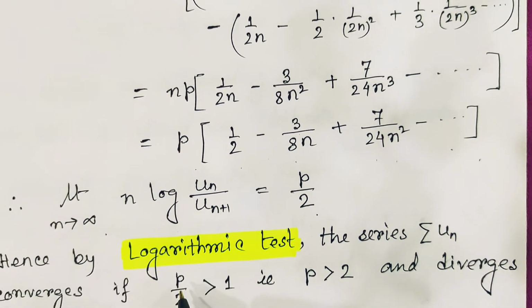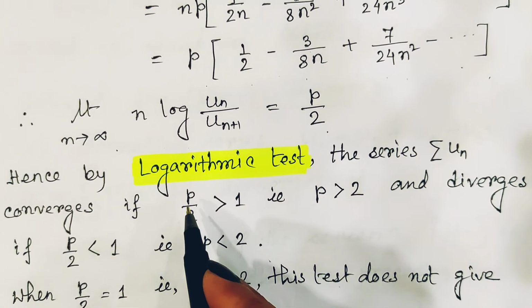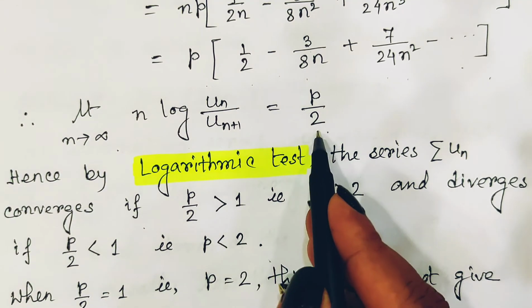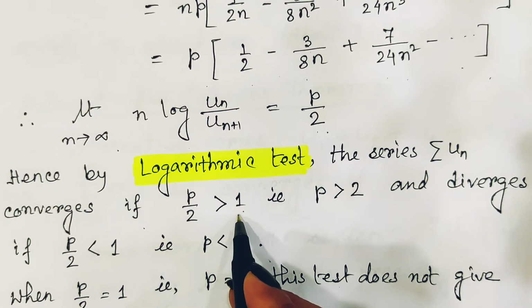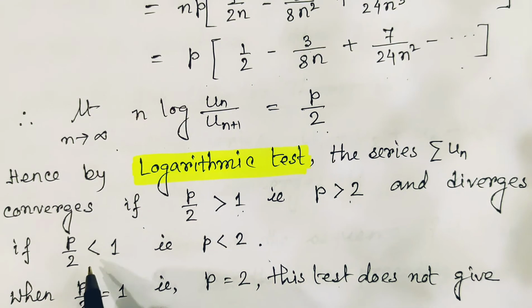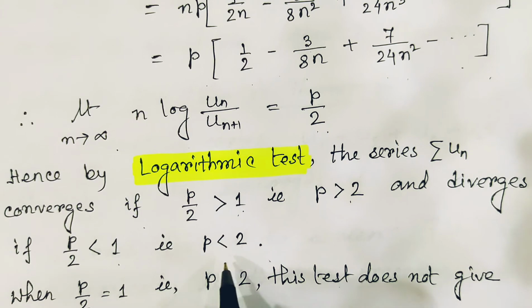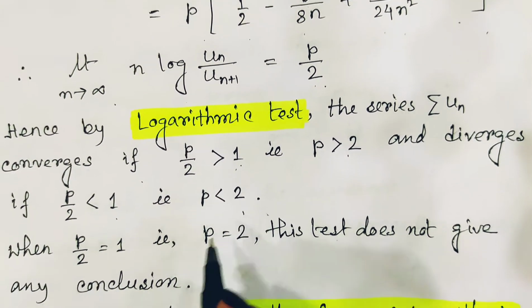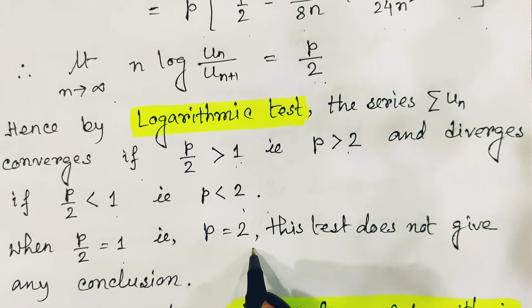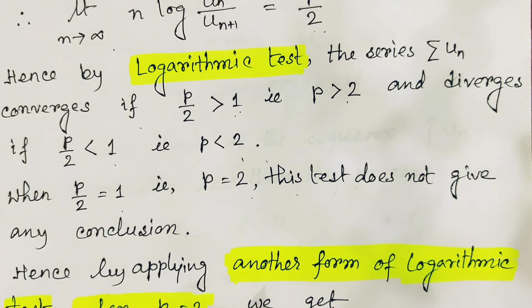So hence, by the logarithmic test, what do we find? The series converges if p by 2 is greater than 1, that means p is greater than 2, and diverges if p by 2 is less than 1, that is p less than 2. And when p by 2 is equal to 1, that means p is equal to 2, the test does not give any conclusion, that means the test fails.